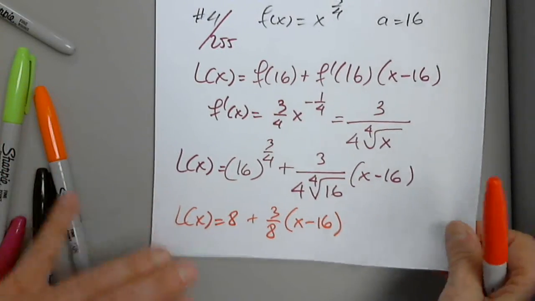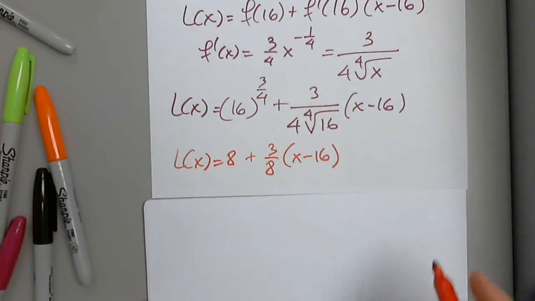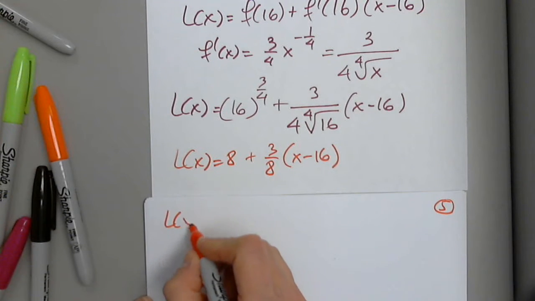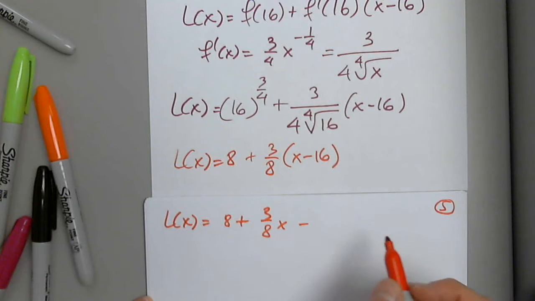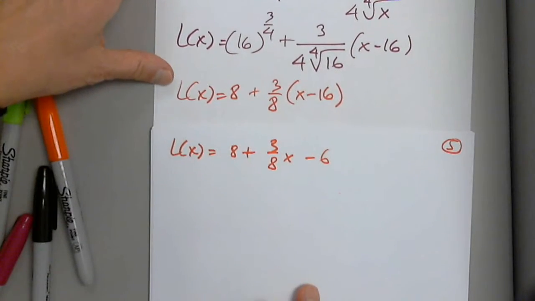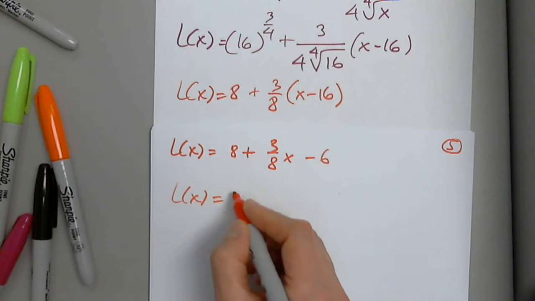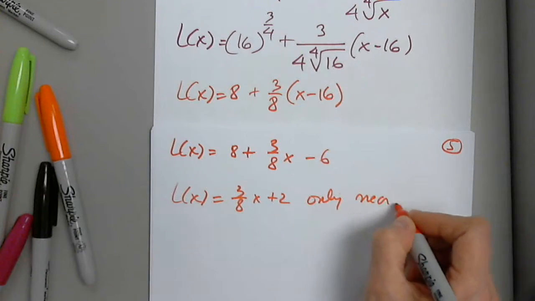Okay. I distribute, combine like terms, and present y equals mx plus b. So 8 plus 3/8 x minus 6. So then the linearization is 3/8 x plus 2, only near 16.